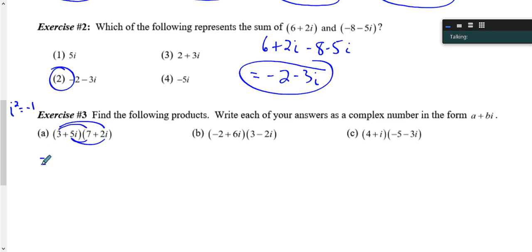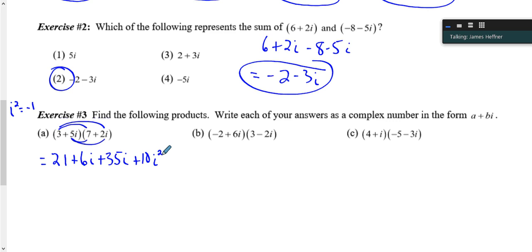So 3 times 7 is 21, plus 6i. Now let's distribute the 5i. What's 5i times 7? 35i. And then 5i times 2i is 10i squared.